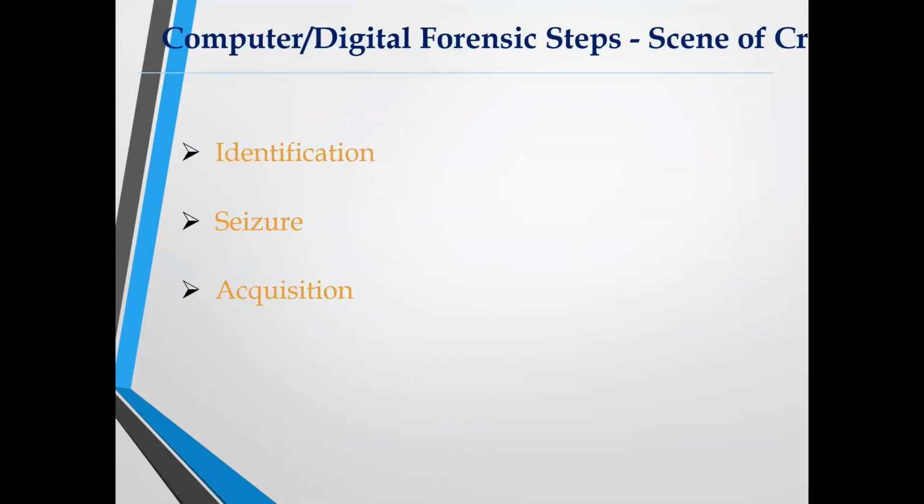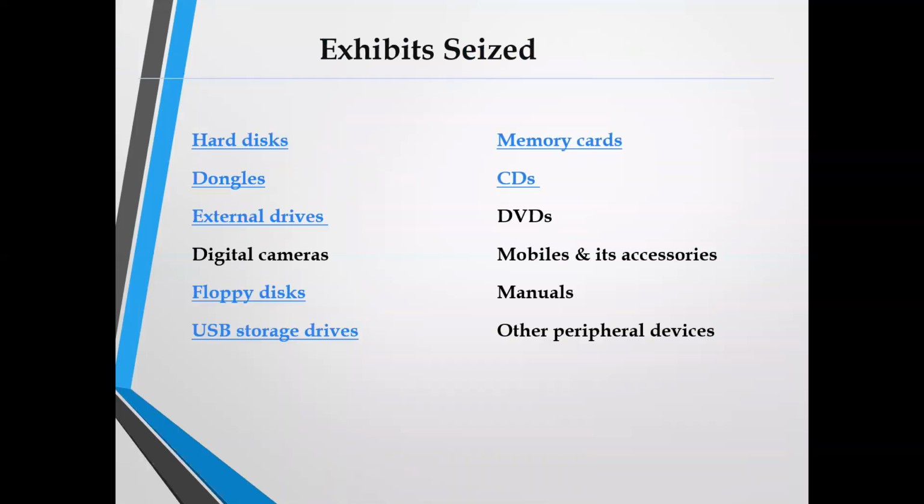Our steps, as we had looked at earlier: identifying, seizing, and acquisition. In identifying, we can ask you, list for us at least 10 different storage devices. You should know all places where they can store data.